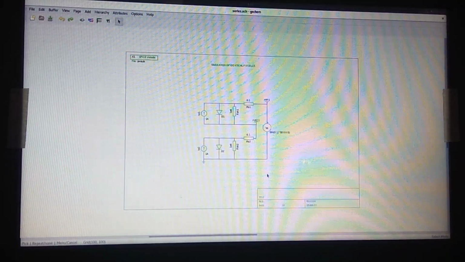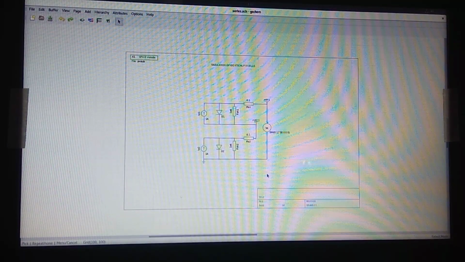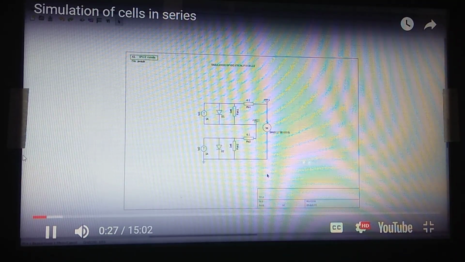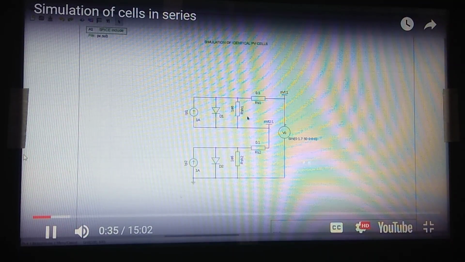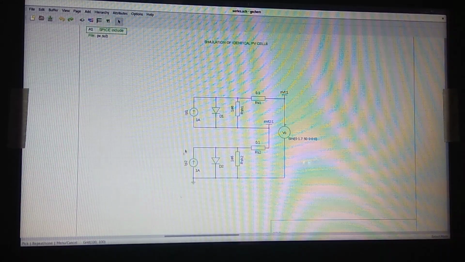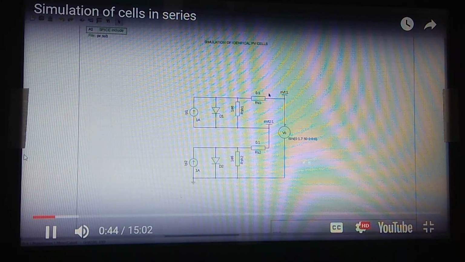Now PV cells in series. Let us take the case of two identical PV cells in series. I have captured the circuit in a GSM schematic, and this is the schematic. This part here is one PV cell, and this is another PV cell.